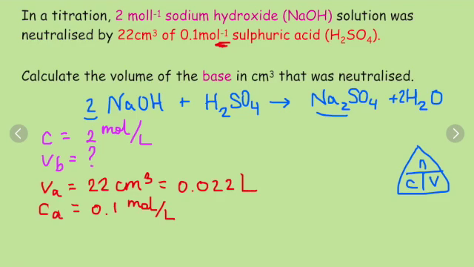So with that, we can calculate using the triangle, because we have the concentration and the volume, the number of moles of acid.